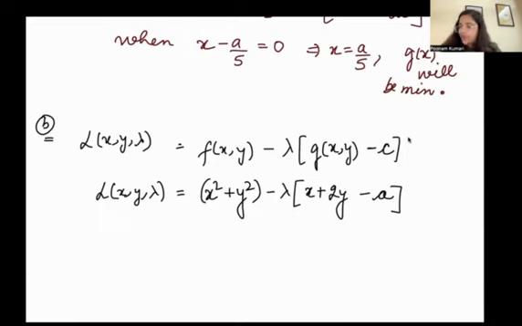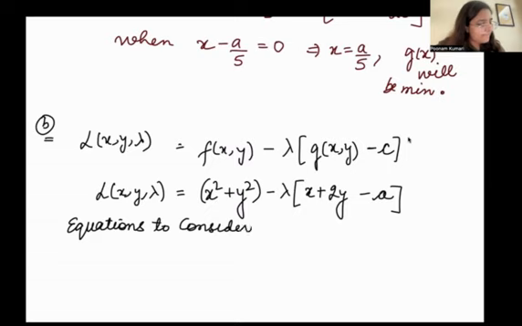Now, what do I have to write? All the necessary conditions. What are the equations that I have to consider? Partial derivative of Lagrange with respect to x should be put equal to 0.